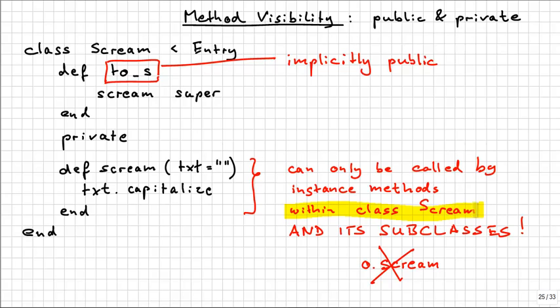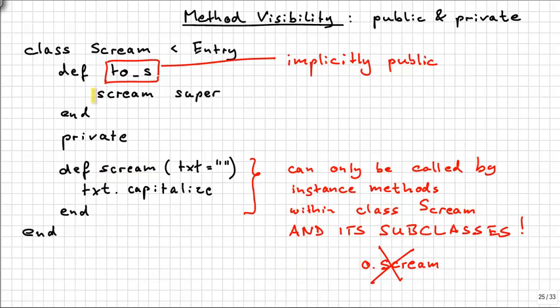So within the Scream class, we can always call the scream method, and we can also always call it from subclasses of class Scream. But we cannot call scream in any instance where we have any object identifier followed by a method call like o.scream. This would require us to be outside of the class Scream and outside of any one of its subclasses, and therefore this cannot occur in your code.